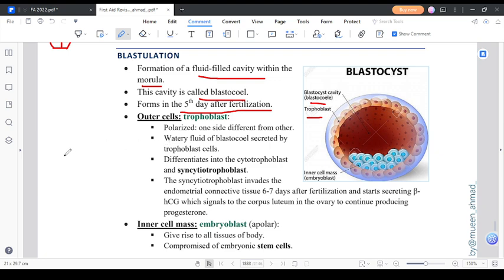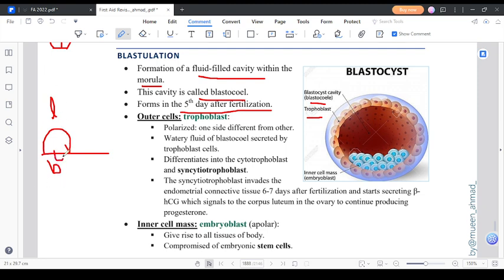Polarized. Okay, so what does polarization mean? Suppose I'm not talking about these trophoblast cells, but other cells elsewhere in the body. Suppose I'm talking about a nephron cell. It has a luminal side and a basolateral side. So it has polarization, like this pole is the luminal side and this pole is the basolateral side.